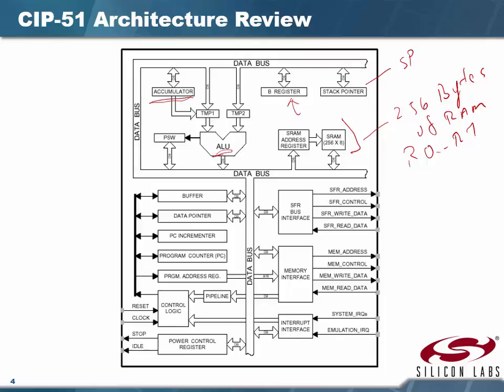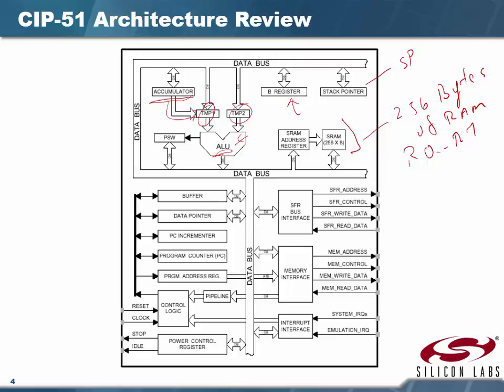And where I was talking about before was, notice that the accumulator feeds into temp 1, and we have temp 2 that also comes from the data bus. And temp 1 can come from the accumulator or elsewhere. This is where all the adding and subtracting happens. So the accumulator is our more common register that we're going to be using, especially for add and subtract.